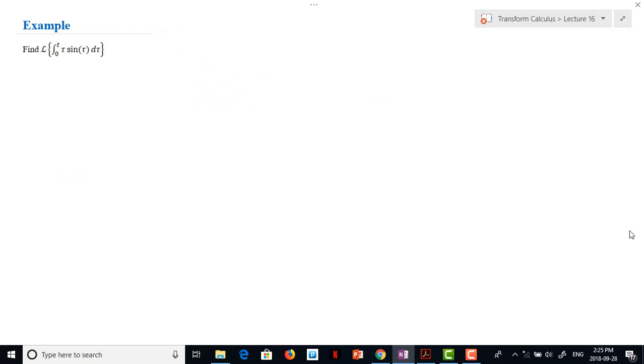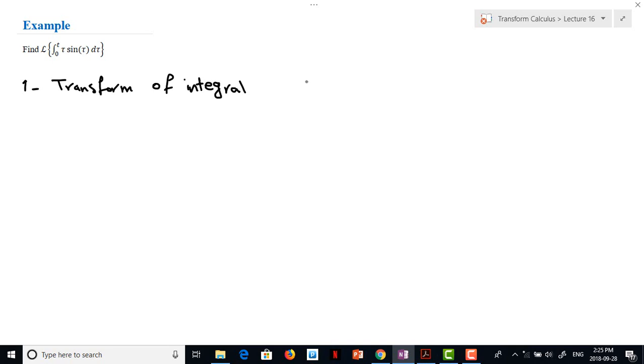In this example, you want to find the Laplace transform of the integral from 0 to t of tau sine tau d tau. In order to solve it, we use two properties of the Laplace transform. The first one is the transform of an integral.